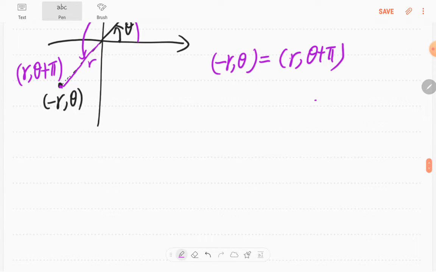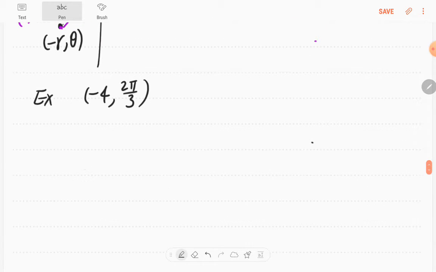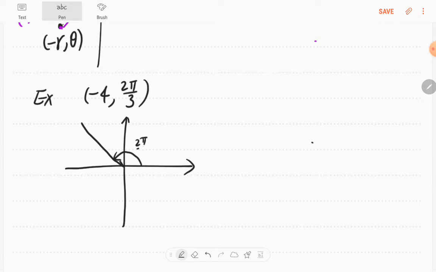For example, if we have negative 4, 2 pi over 3, where is this point? The first thing we need to do is locate 2 pi over 3, which is here. And here is 4, the distance is 4. So this point is 4, 2 pi over 3. Negative 4, 2 pi over 3 is this one.